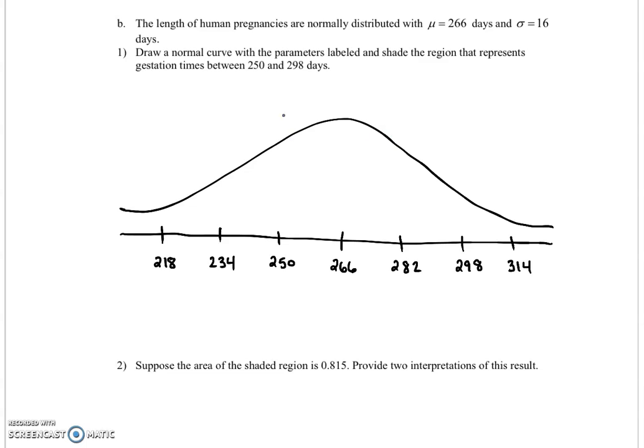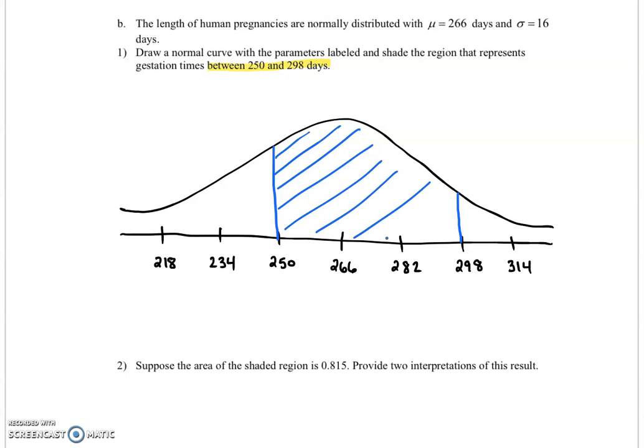And we need the area between 250 and 298 days. So here's 250 days. Here's 298. Since those are actually on tick marks, we don't have to label them separately, but we will shade this area between them.